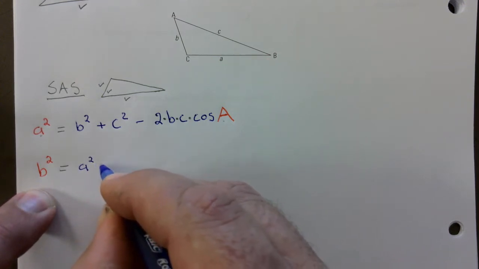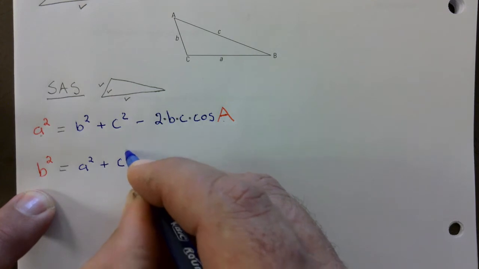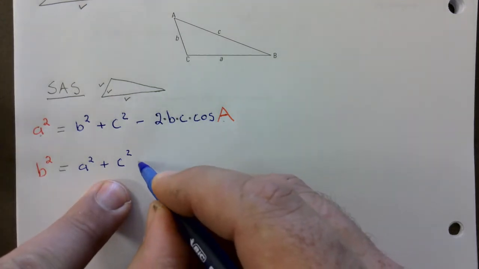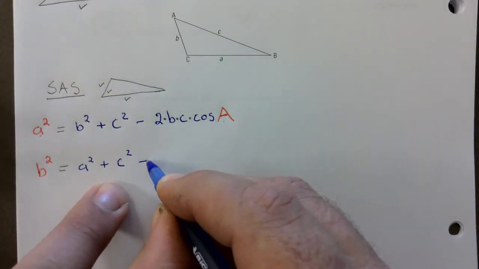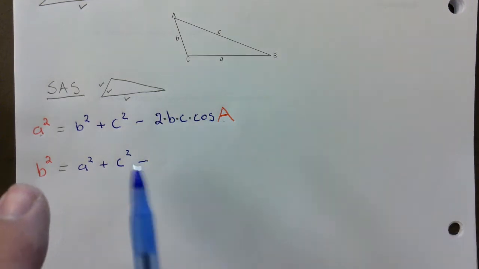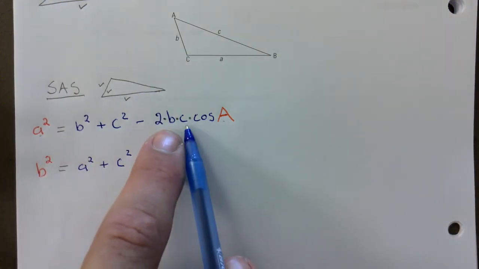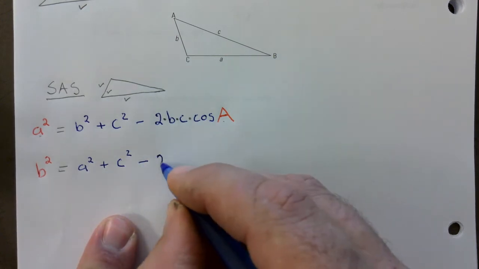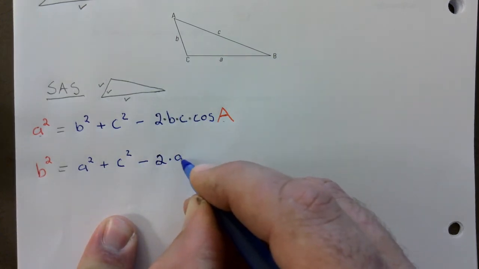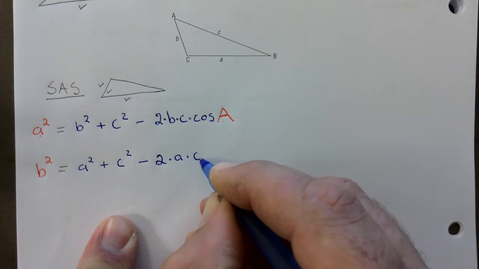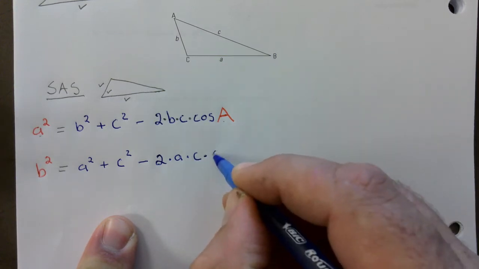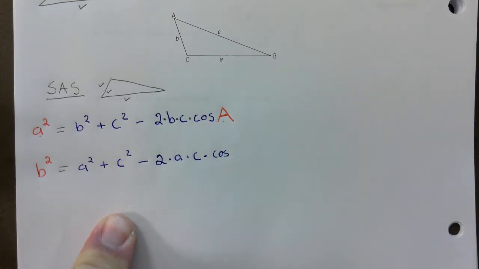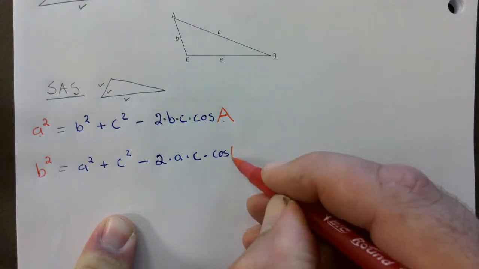A squared plus c squared minus, watch this, earlier you had b and c show up here, now you're going to have a and c show up here, so it's minus 2 times a times c times cosine, and now you switch colors, angle B.